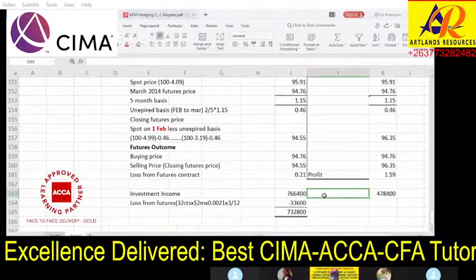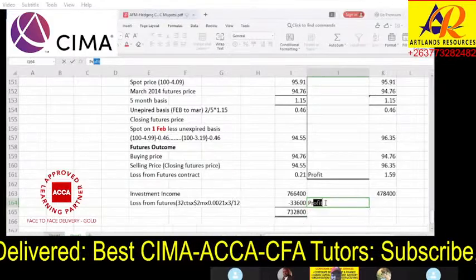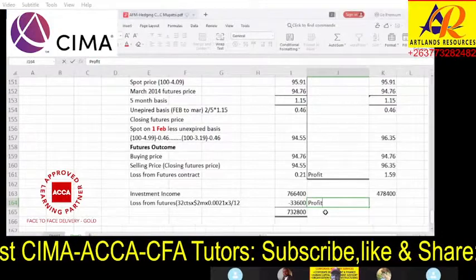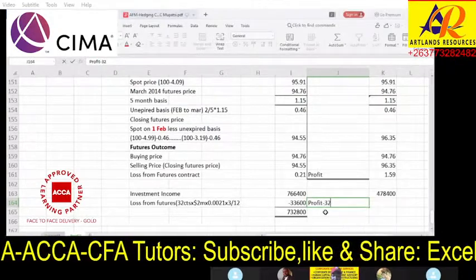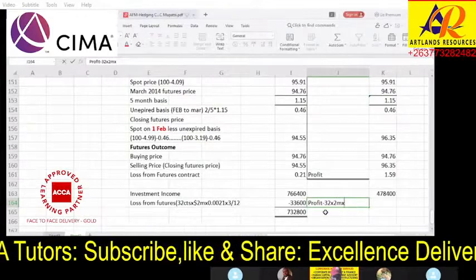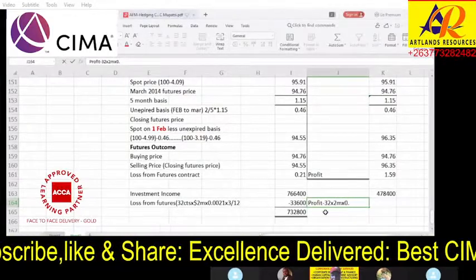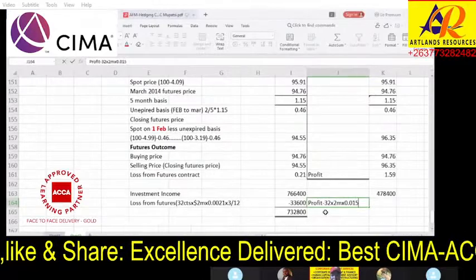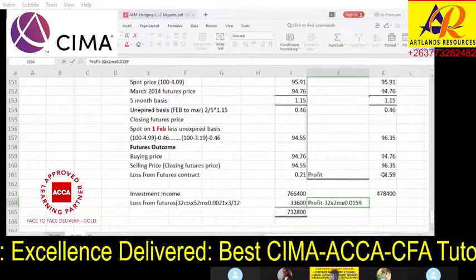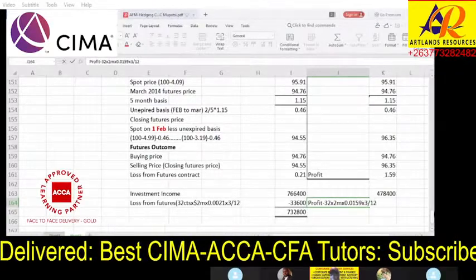Here, it's profit. Here, remember, I put profit. It's not the loss, profit. This time, profit is 32 times 2 million times 0,0159, because it's 1,59 here, so I'm putting it as a percentage, times 3 over 12.